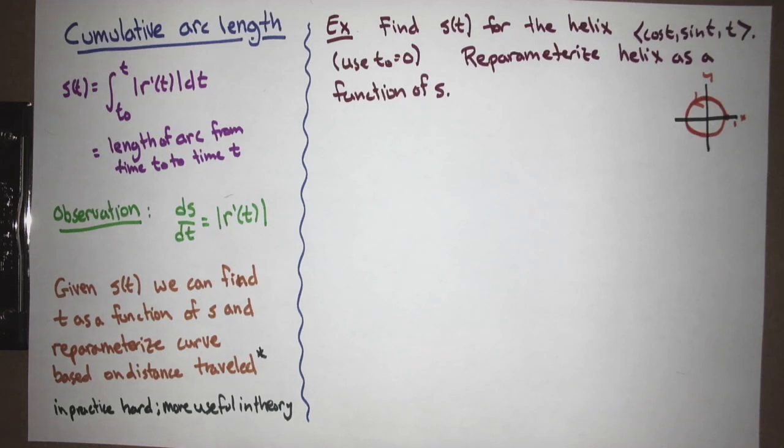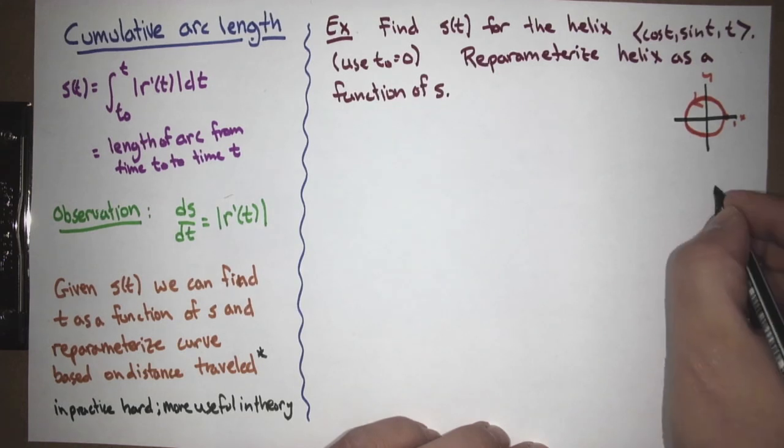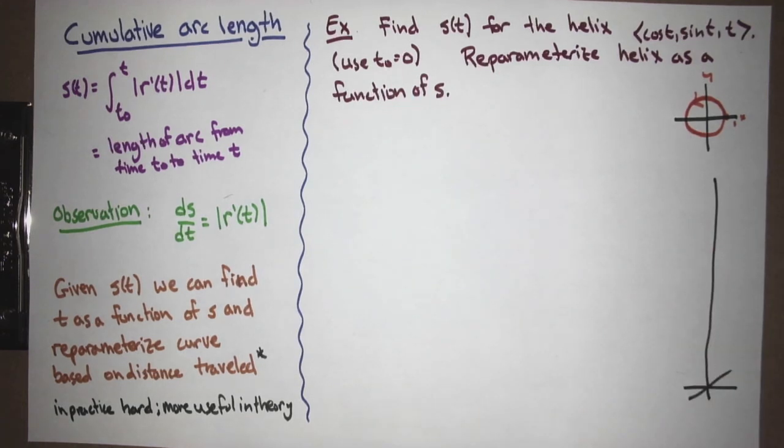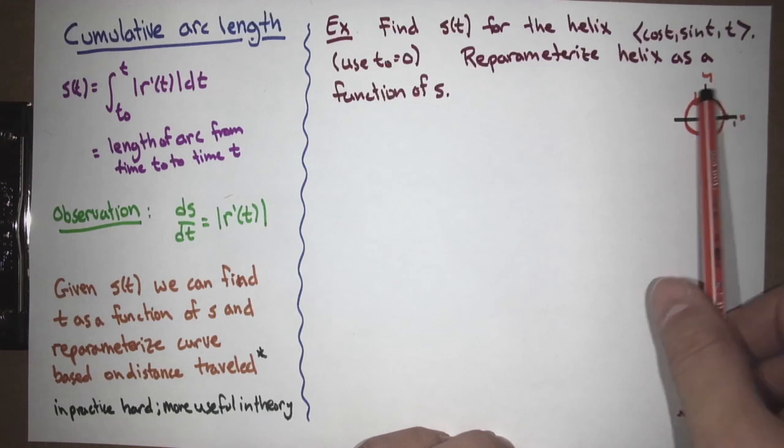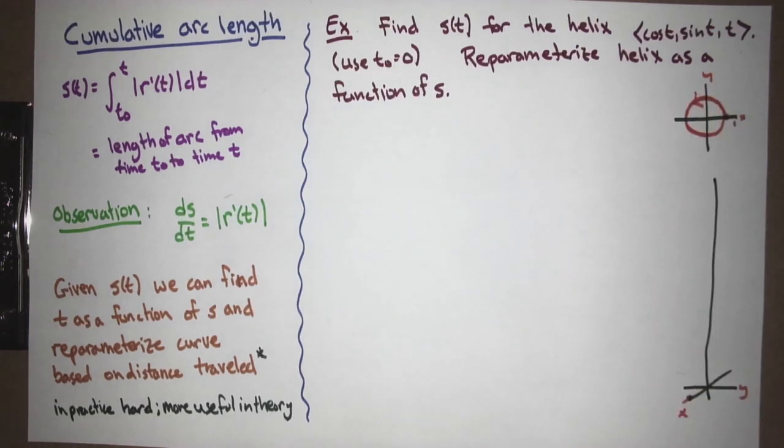But let's suppose we don't ignore the z. Then what's going to happen? What's happening to our z coordinate as we change things here? As t increases, what happens to z? It increases. It's just going up.